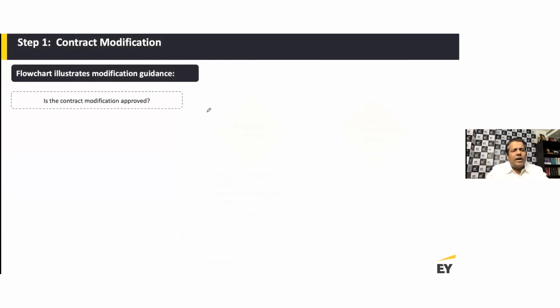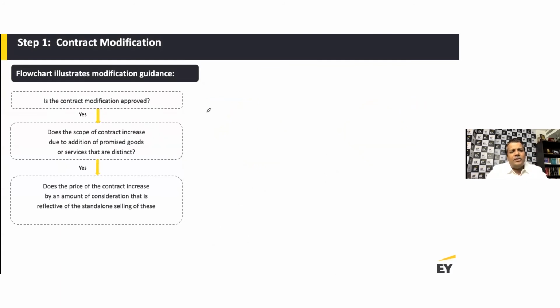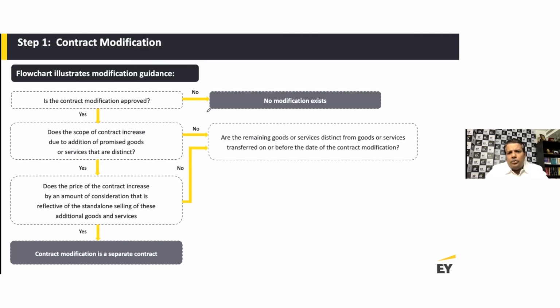So if you were to look at a flow chart, how do you evaluate this? Is the contract modification approved? Okay, the answer to that is yes. Does the scope of the contract increase due to addition of promised goods or services that are distinct? If the answer to that is yes, the scope changes, the price changes, it is a separate contract. Now, no modification exists if it is not approved anyway.